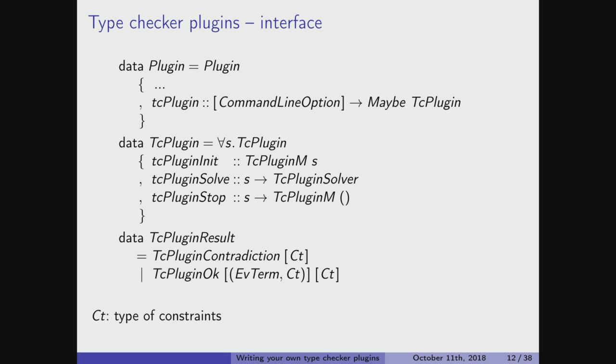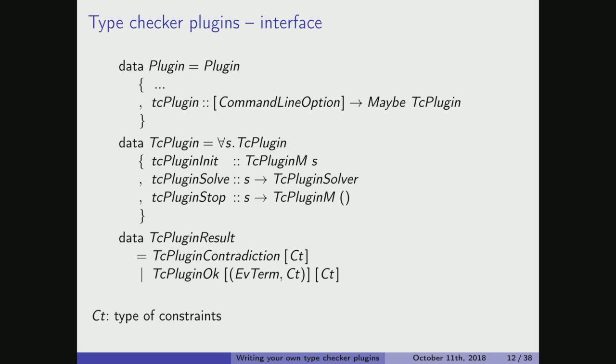So we have to give a module that exports this record. Most importantly, we have to give a field of this type. So we take in some command line options, and then we return this Maybe TcPlugin. So what's this TcPlugin? There's this existential type S, that's sort of our plugin context that we get to choose ourselves as the type checker plugin implementer.